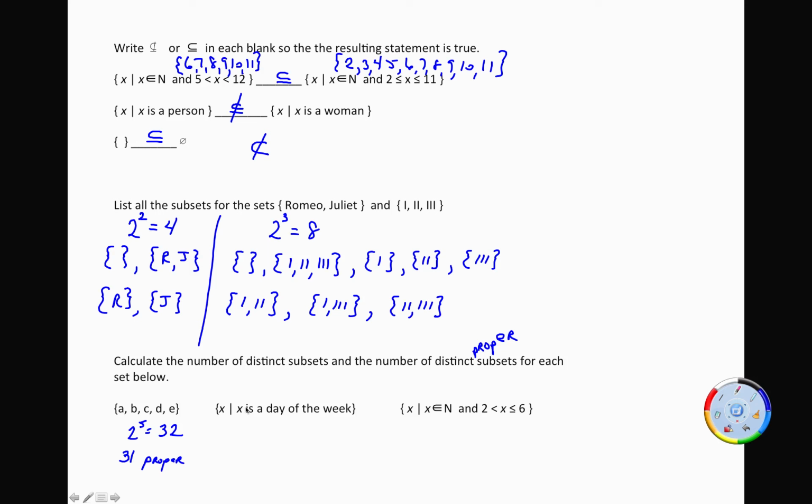The set of all x such that x is a day of the week. Okay, well, since there are 7 days of the week, I know there are 2 to the 7th subsets. So 2 to the 7th is 128, I believe, meaning 128 minus 1, 127 of them must be proper subsets.